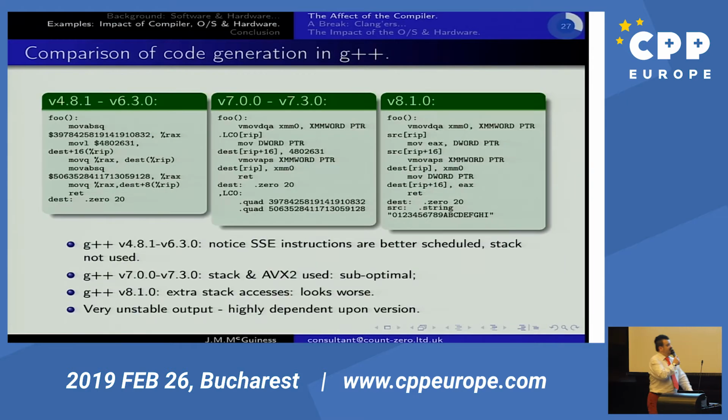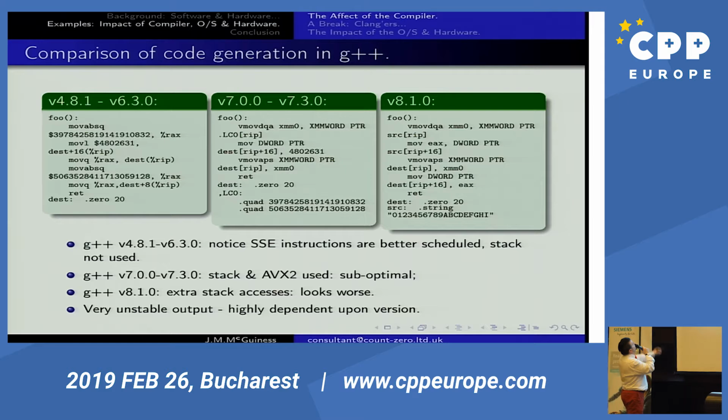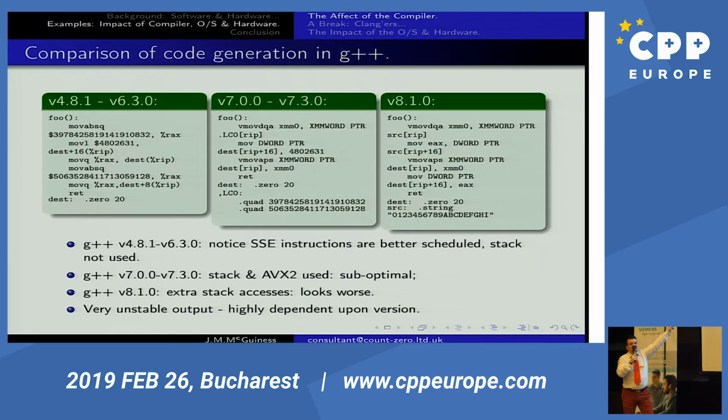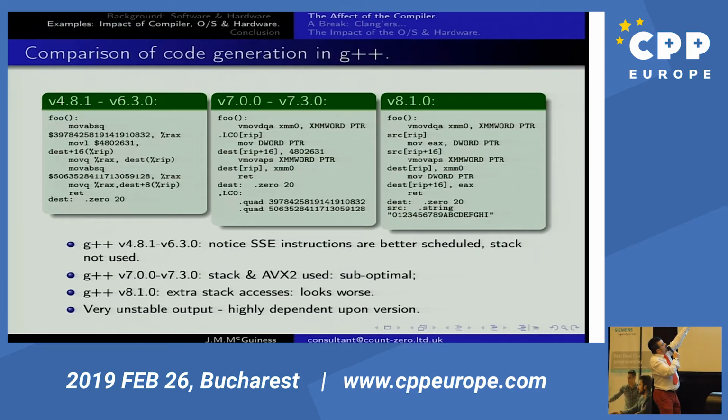Okay, those are old compilers. What about newer ones? Crikey. 4.8.1 to 6.3, it's gone back to using immediates. And it's scheduled the movabs better. We can see in the 7 series compiler, by the way, all of this is courtesy of Godbolt.